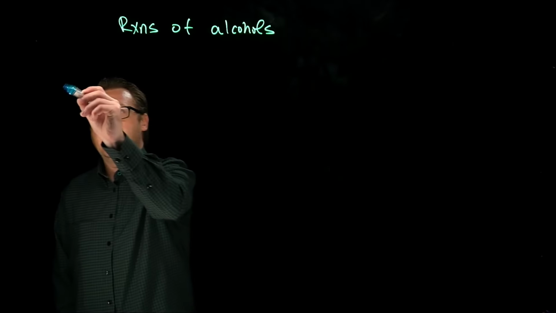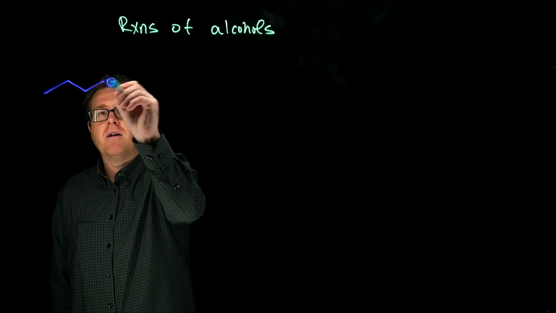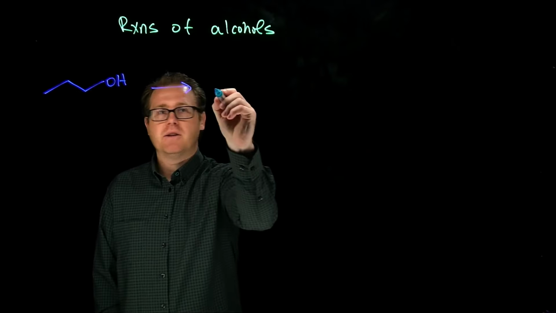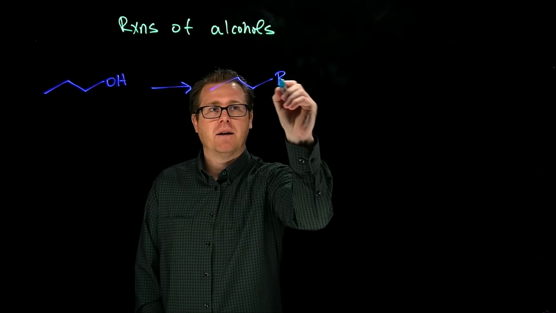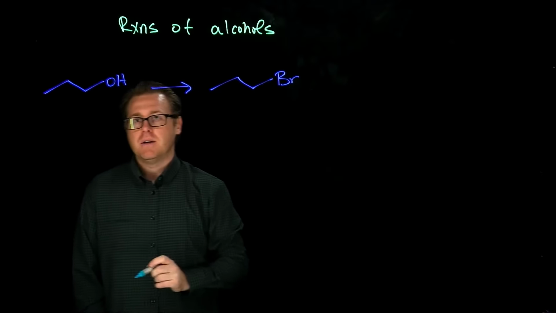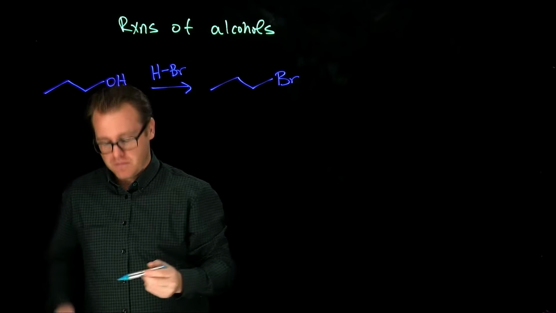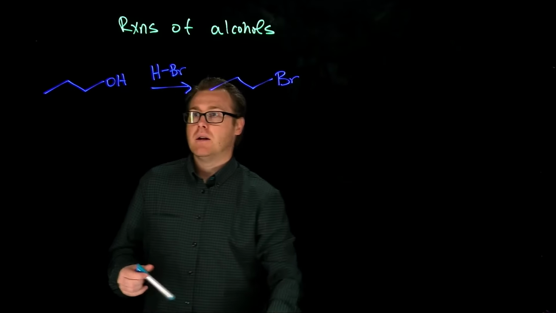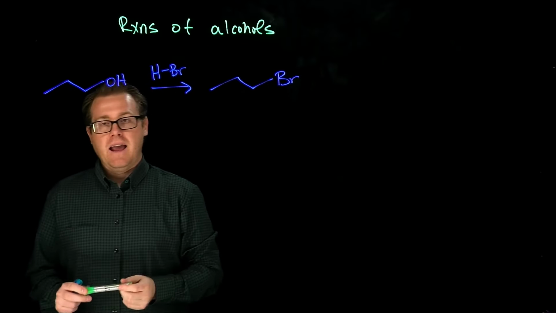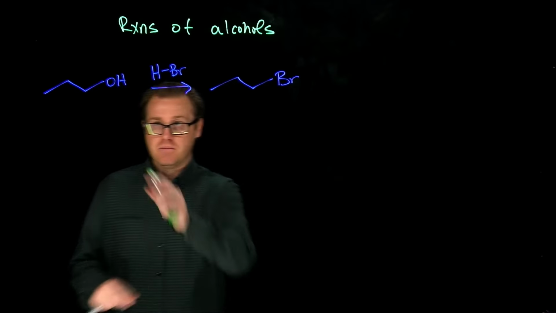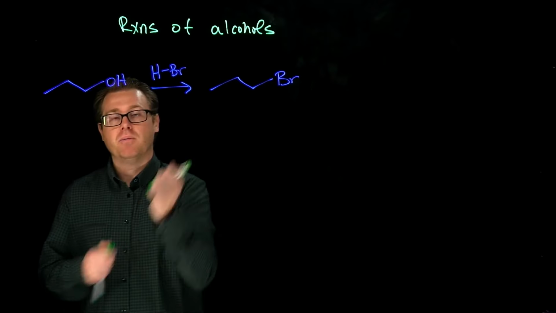So let's take a look at a primary alcohol. What if we want to get that to an alkyl halide like with HBr? Well, you could treat it with HBr. And so in an SN2 style reaction, we still need a good leaving group.